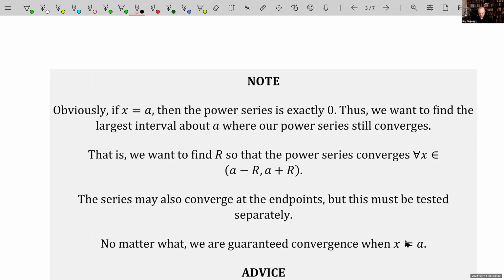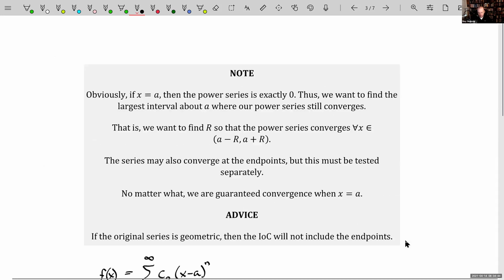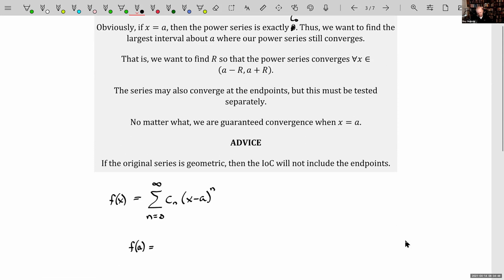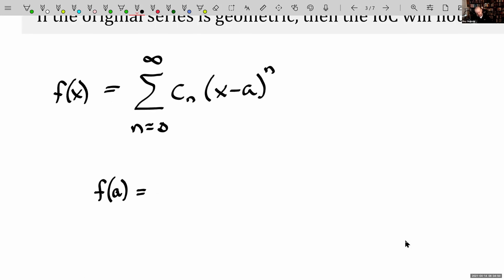So that is the point of that sentence up here. If x equals a, then the power series is exactly c sub 0. So just plug it in. If you let x equal a, you get the summation n equals 0 to infinity of c sub n times 0. Technically, you have to expand out the first term.